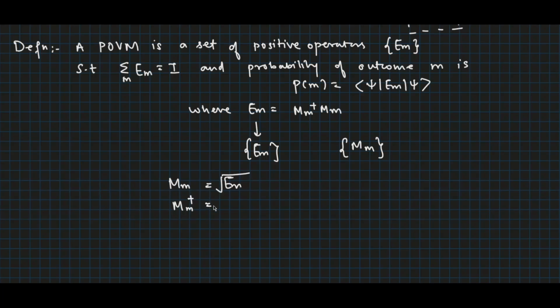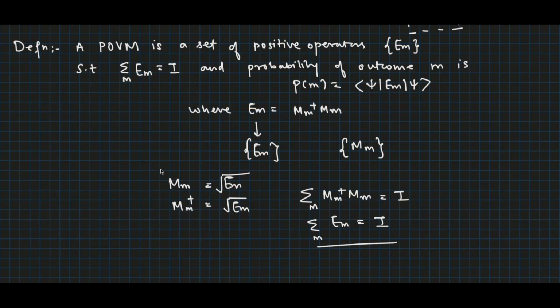That means M_m dagger will also be equal to root E_m, and from the measurement operator we have summation M_m dagger M_m equal to I, which implies summation M_m dagger M_m will be equal to summation E_m, which is equal to I, as we stated here. So this was all about POVM measurements, which is the most general measurement in quantum mechanics.